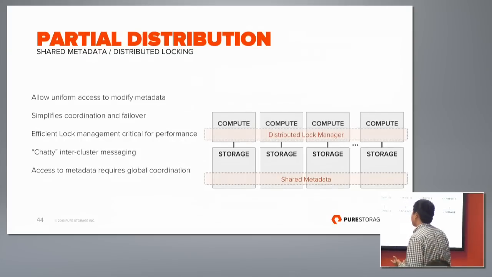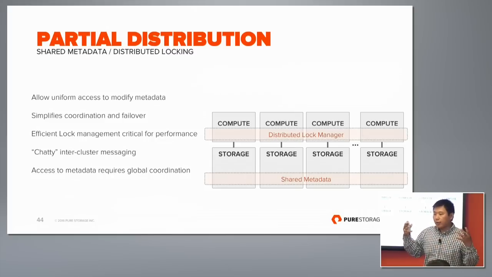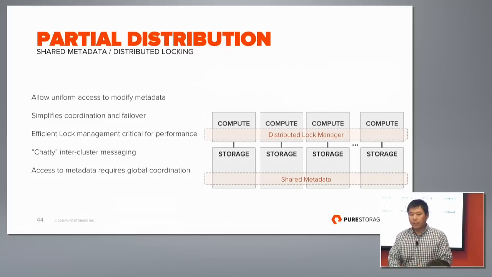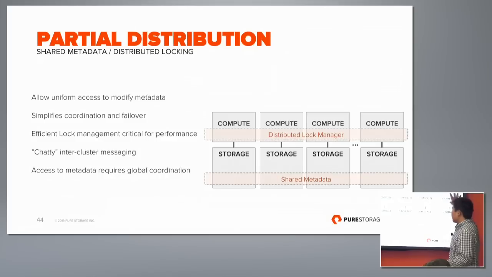The other approach that we see out there is what I like to call partial distribution. With partial distribution, the insight that people have had is, we want to unlock some of those additional compute resources in the system. So they want to create more global access to the shared metadata. They want to allow these compute cores to address that shared metadata, but at some point you still are sharing the metadata across the entire system.